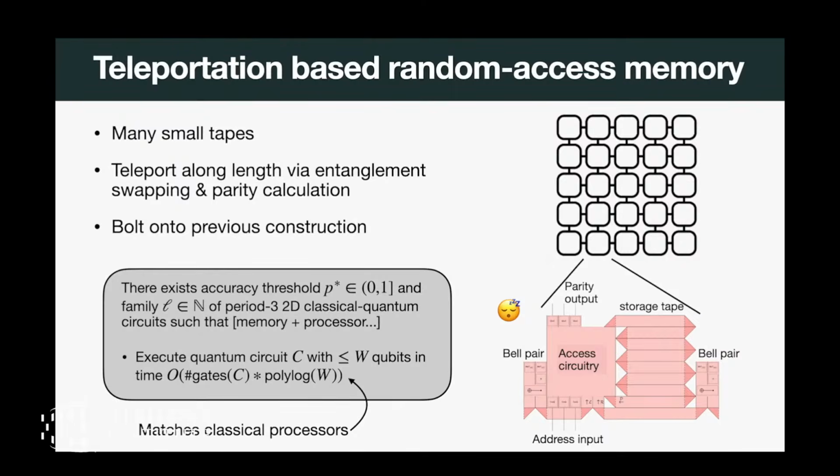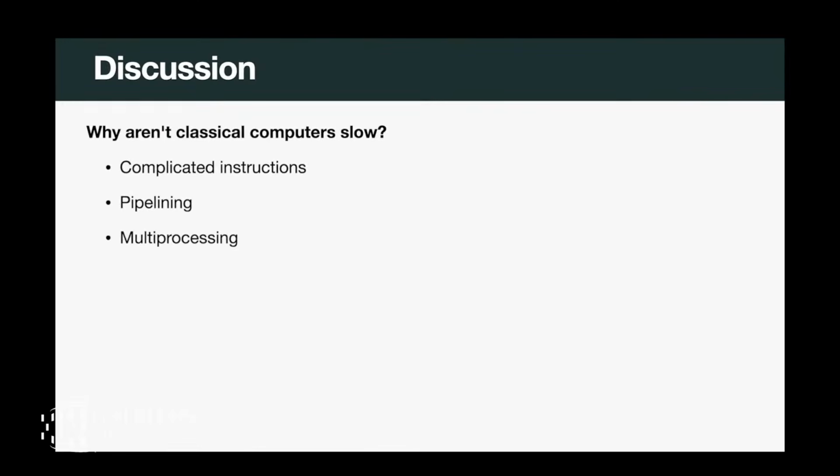If I'm executing gates one at a time, and I have a constant number of control lines, I can only specify a constant number of gates per cycle. And in fact, I need logarithmic bits to do that. So I can only do gates at the pace at which I can describe the circuit to compute. So this matches. Great.